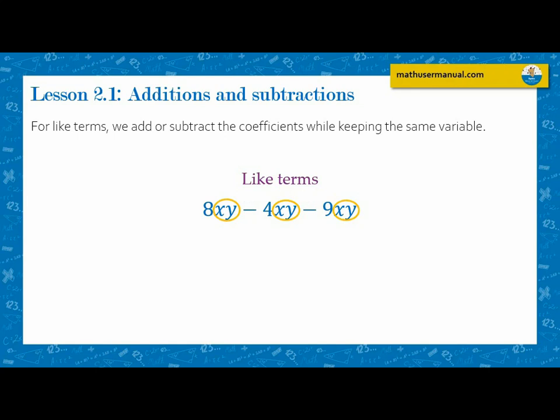So it doesn't matter the number of letters they have, as long as all the letters are the same and have the same powers, they are like terms. We could have all the x's squared and the y's to the power of 1, but as long as all the x's have the same power and all the y's have the same power, they are like terms. So we can do the process we've been learning.